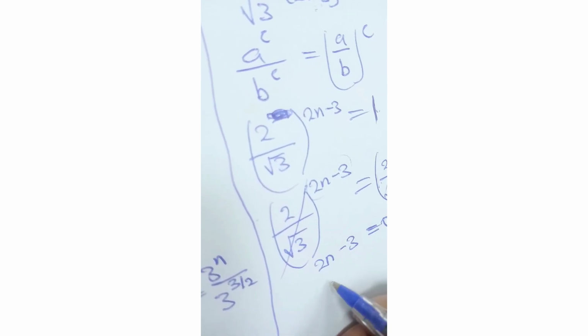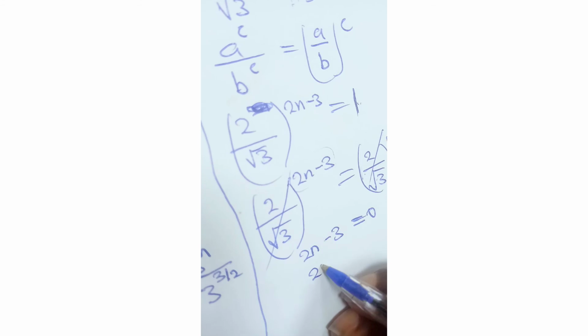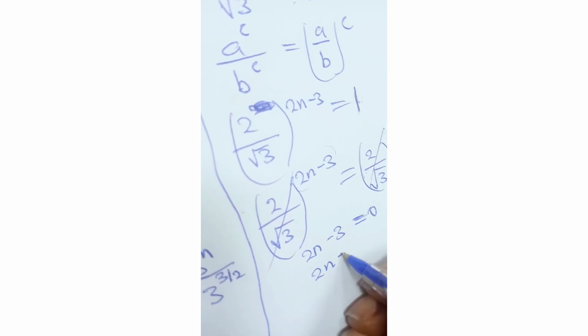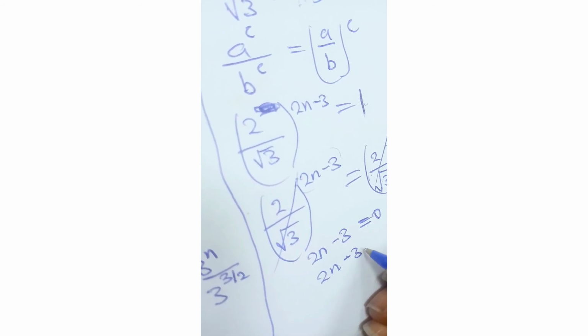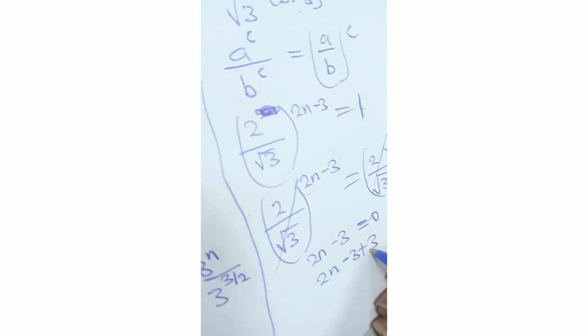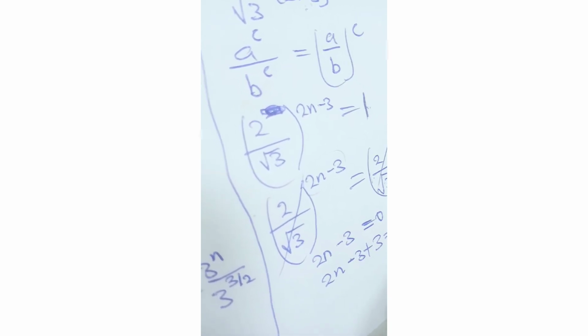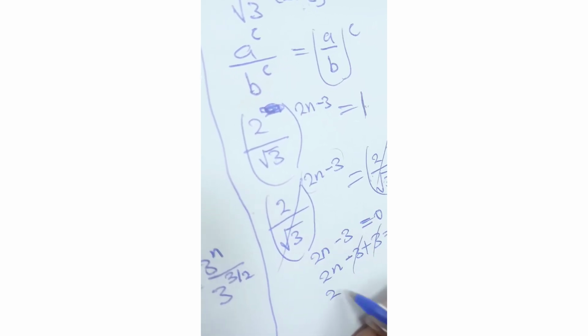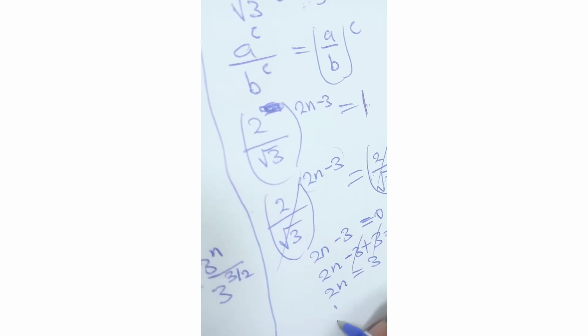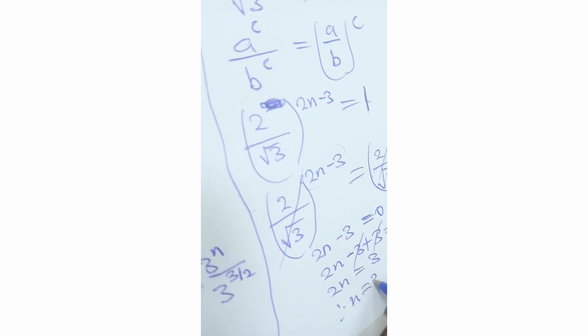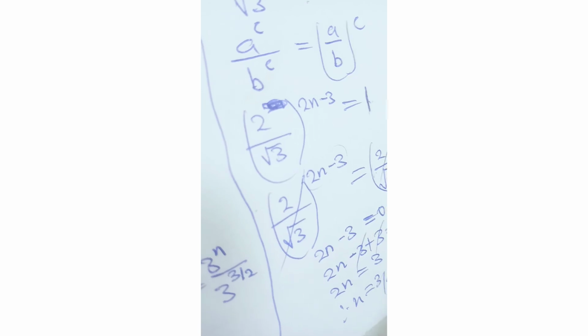Then I add 3 to both sides. Then you have this is equal to 0 plus 3. So this will cancel this. You are going to have 2n is equal to 3. Then you have your n to be equal to 3 divided by 2. So n is 3 divided by 2.